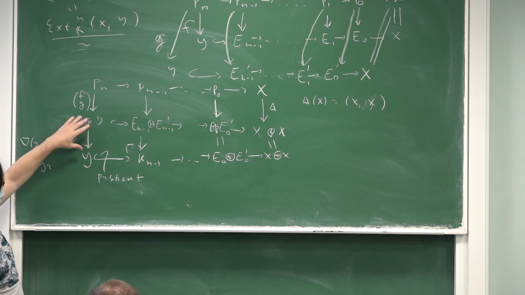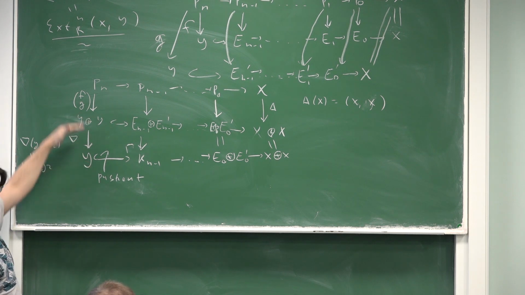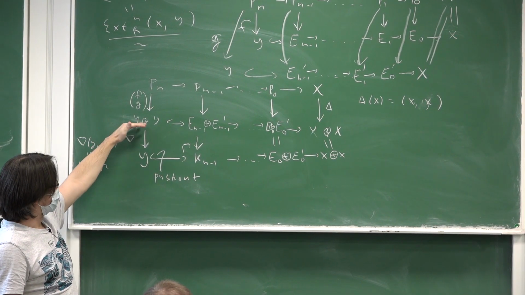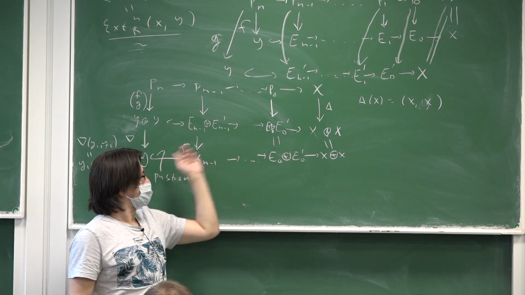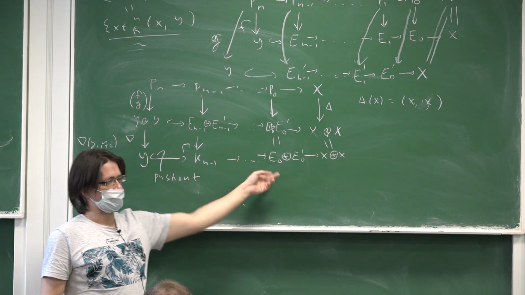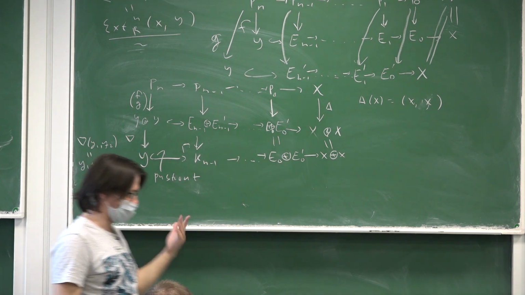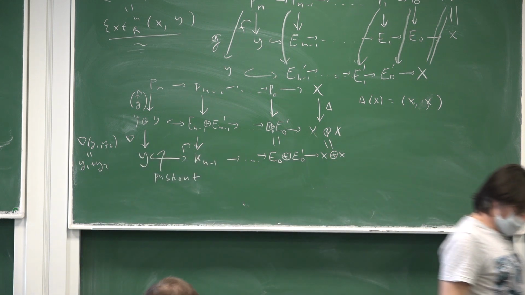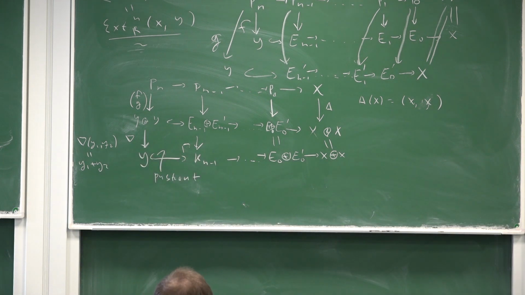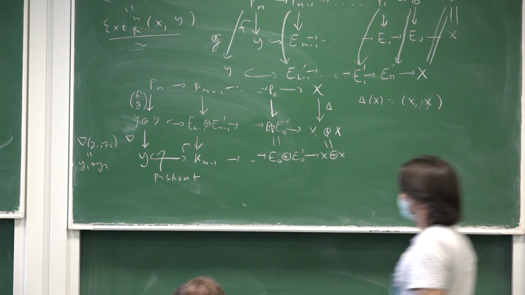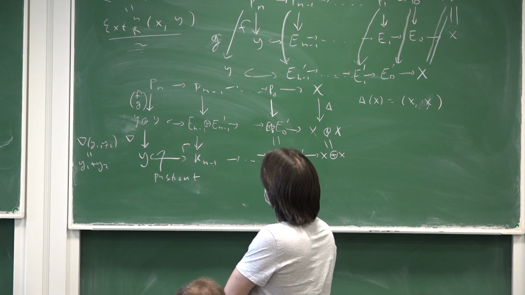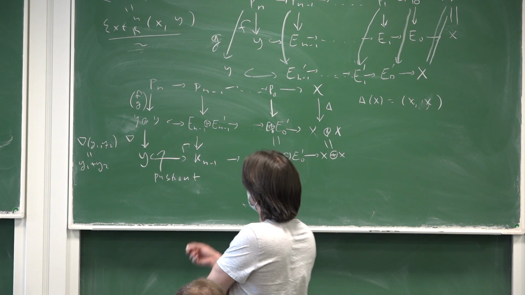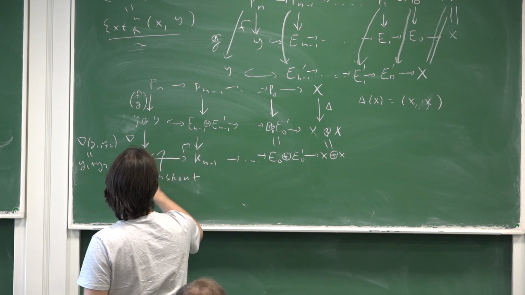If you have some map from somewhere to somewhere, you can take the push out, and if above you have a long exact sequence, you will get a long exact sequence here, and it's enough to prove it for short exact sequences. I think that we can leave it as an exercise.